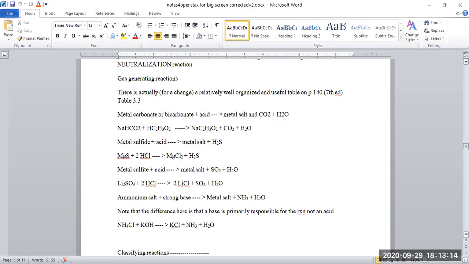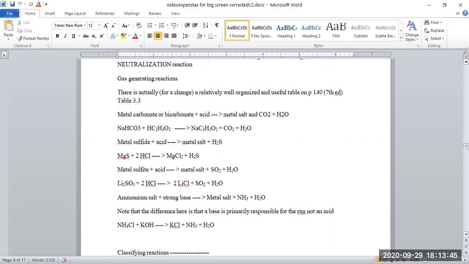This is less predictable in that when we looked at the precipitation reactions, we had a more predictable pattern of going, okay, first one and last one, third and second. This is a little bit messier because you pull out the water molecule, you pull out the CO2 molecule, and then you figure out what you have left.